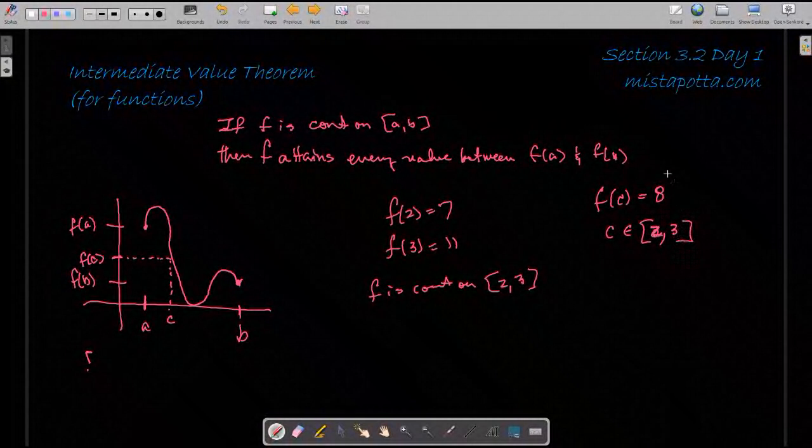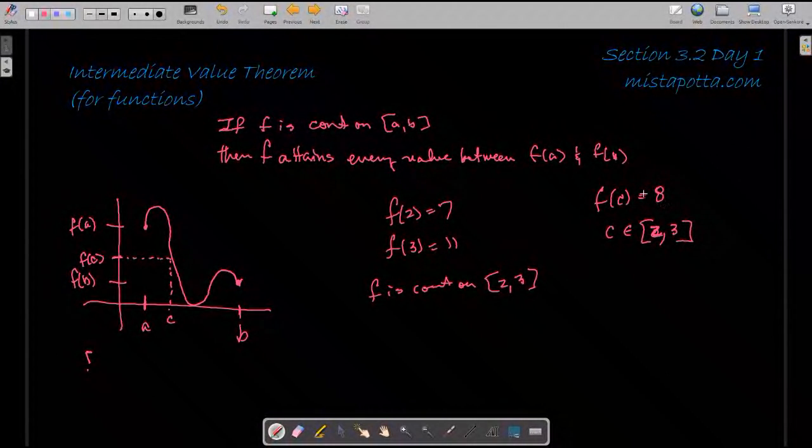And I can do this for any value that lies between 7 and 11. So this is what continuity brings to the table.